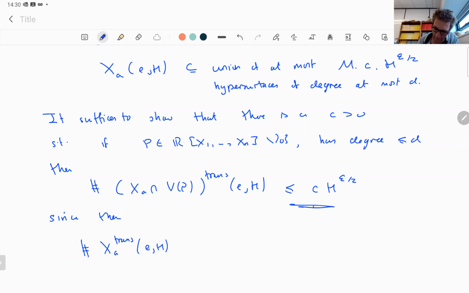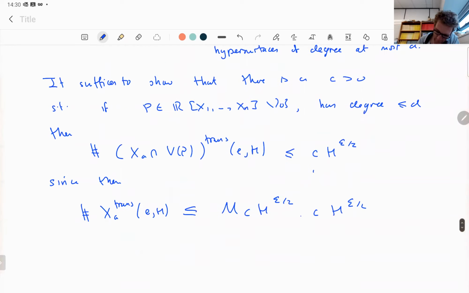And then for each of those I have a bound, and I need at most this many hypersurfaces. So I get less than or equal to the number of hypersurfaces times the bound here. And that's C H to the epsilon. So this is what we need to prove.